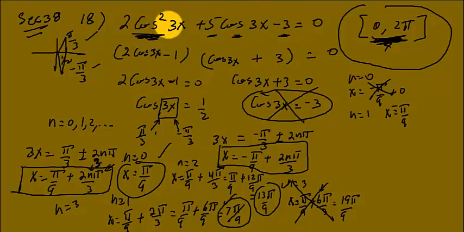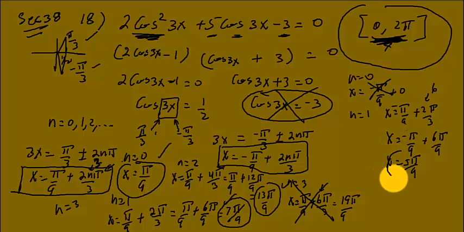Now I have a plus 2 pi over 3. With common denominators, x is equal to negative pi over 9 plus 6 pi over 9, and that's going to give me x is equal to 5 pi over 9, and there it is.